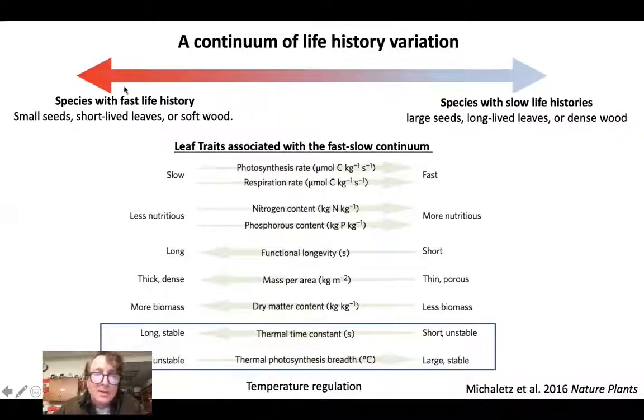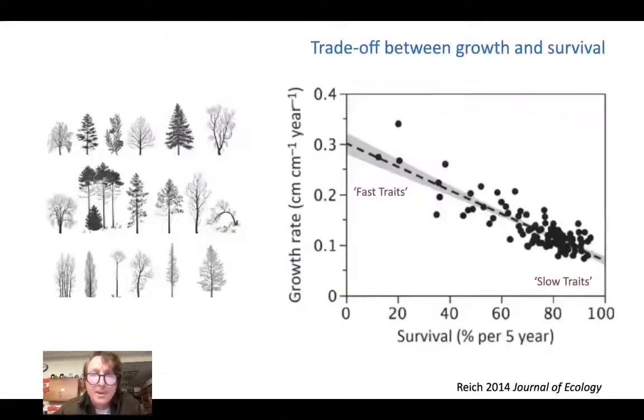And so again, the idea is that with the different species we're going to be encountering, we can characterize their physiology, their nutrient content, some aspects of their life history, and even how they respond to temperature along this fast-slow continuum.